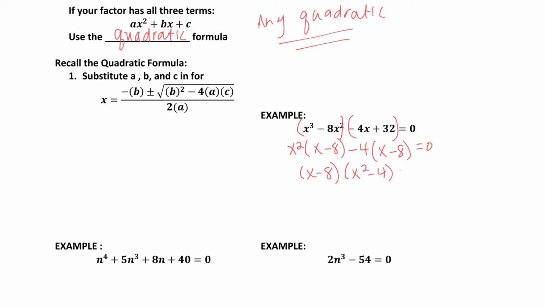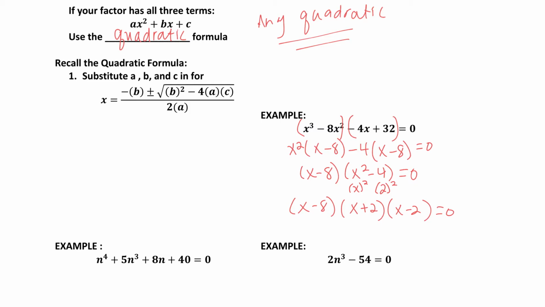Now, x minus 8 is linear, so it's done. But x squared minus 4, this is a difference of squares. And so remember, we can write this as x squared minus 2 squared. And the difference of squares is where you'll take that a plus b and then a minus b. So you'll have x plus 2 and x minus 2 equals 0.